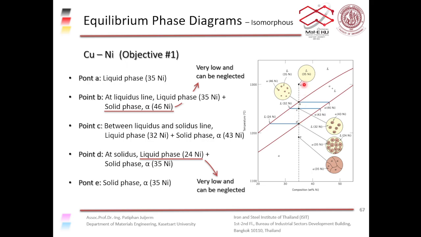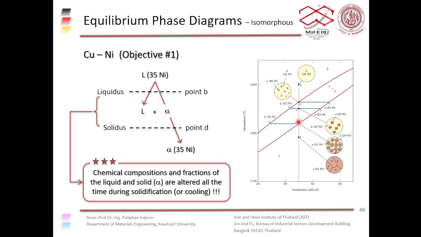And in the solid alpha phase, you get 46% nickel at point B, 43% nickel at point C, and 35% nickel at point D. So the composition of the liquid phase changes, and the composition of the alpha phase changes. Okay.